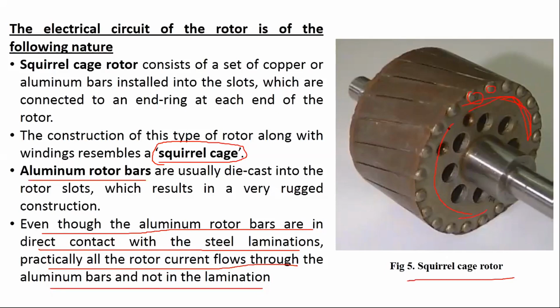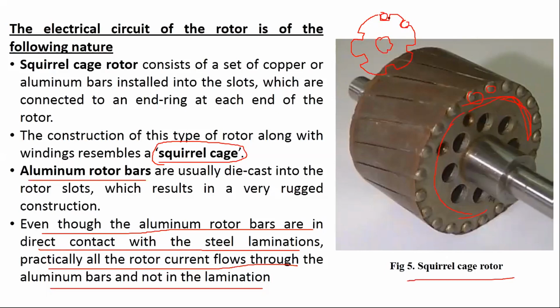Now you can see the lamination has this formation. The formation of lamination is the same which I just discussed. The thin sheets are made in this way, like this, for example. Okay, so this is for shaft, right? And the aluminum bars or copper bars are kept here.